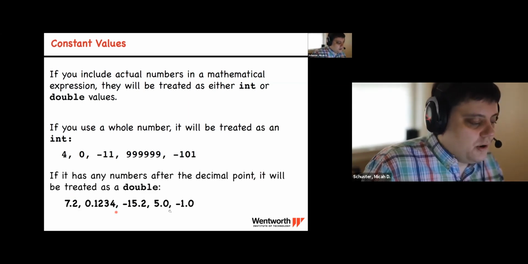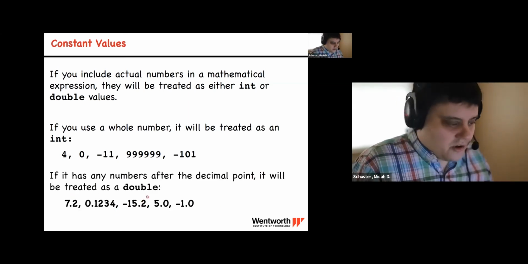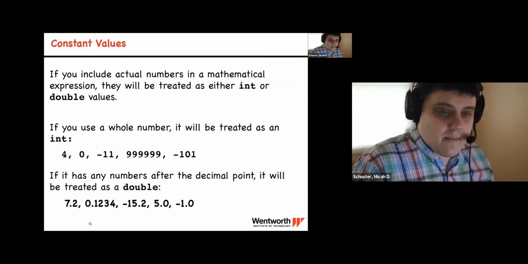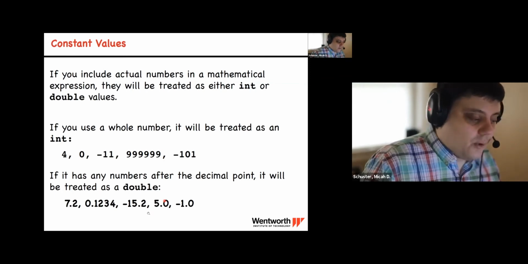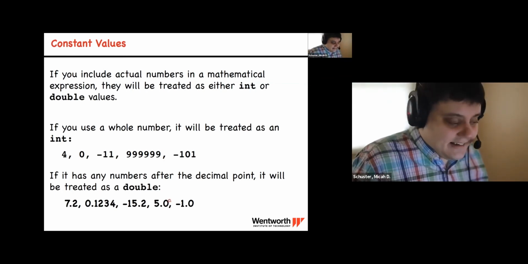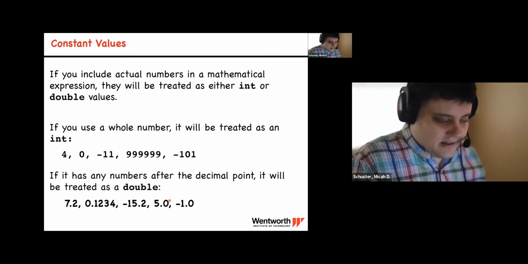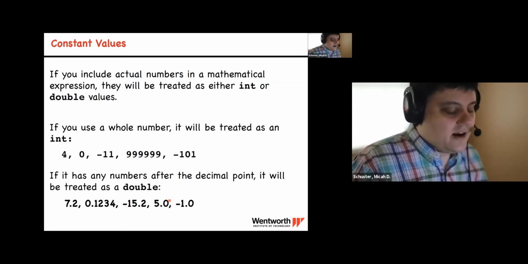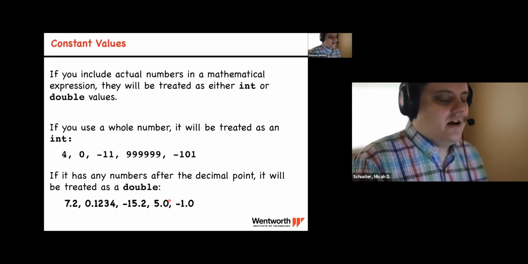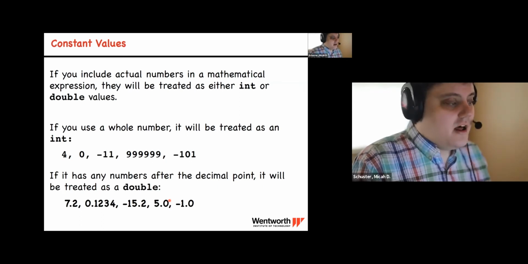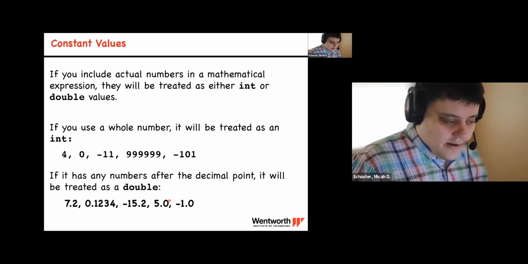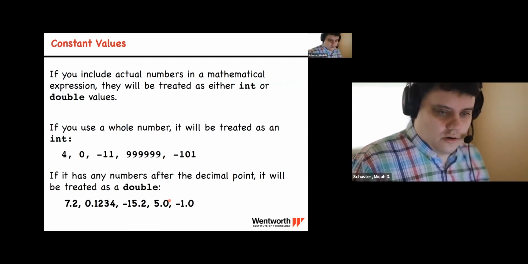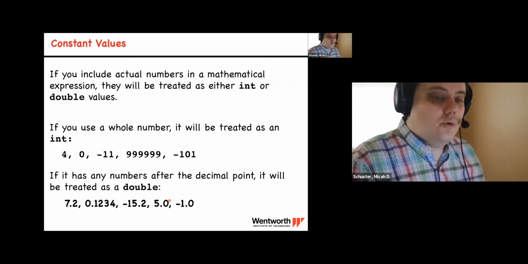As soon as you put a decimal point and potentially other numbers after it, then Java automatically treats it as a double. It doesn't matter what the value is. So you could put 5.0. Technically, it doesn't have a fractional component because it's just zeros after the decimal point. But if I have the 0.0, it treats it like a double. This is very important because this gives you a little bit of control when you need to, say, divide by 2, for instance.